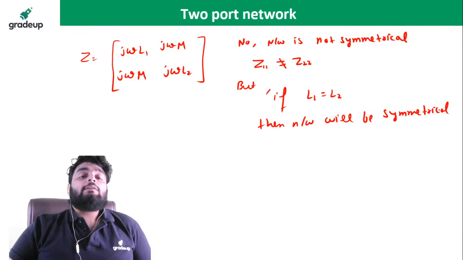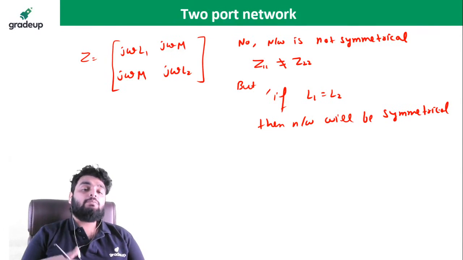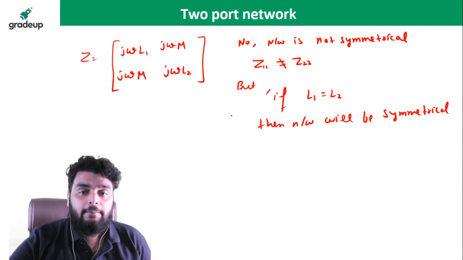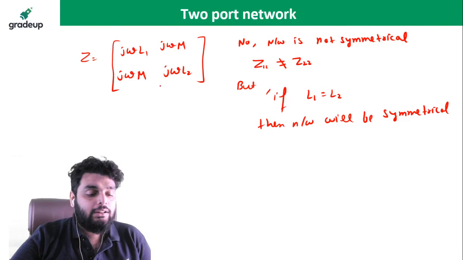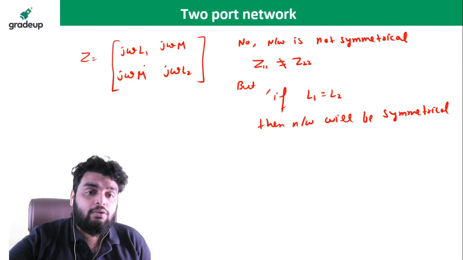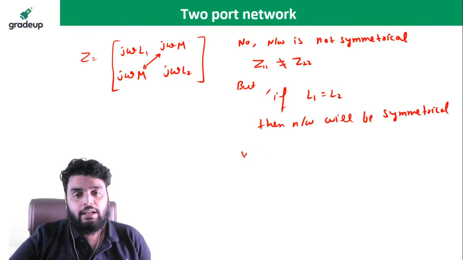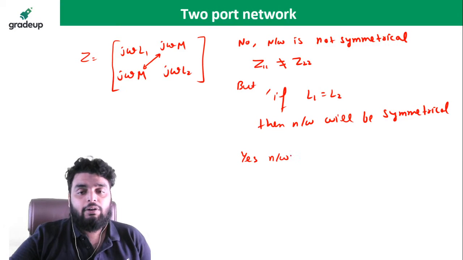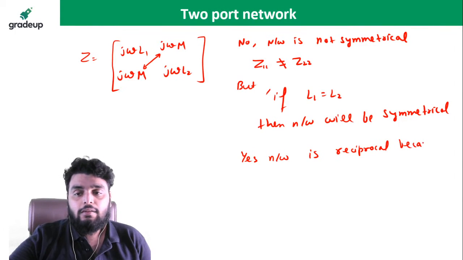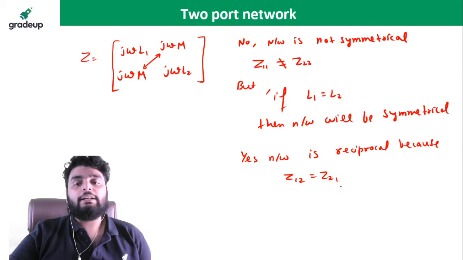Then, when should the network be symmetrical, and when should the network be reciprocal? Now see here, is the network reciprocal? The answer is yes, the network is reciprocal. Why? Because you can see the non-principal diagonal elements are equal, Z12 is equal to Z21.